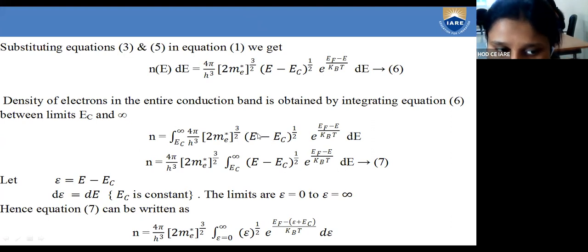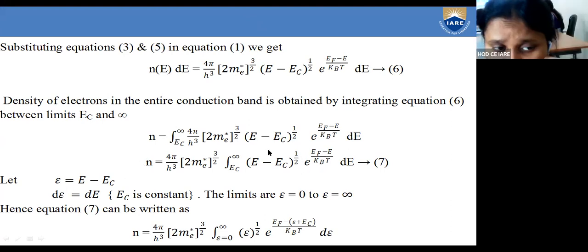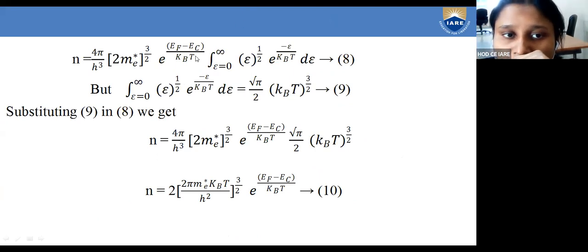Okay, so after that, the rest is the integration part. We tried to simplify this integration by assuming E minus EC as x. Here in this slide, it is epsilon. After that, we tried to make this integral into one standard integral.